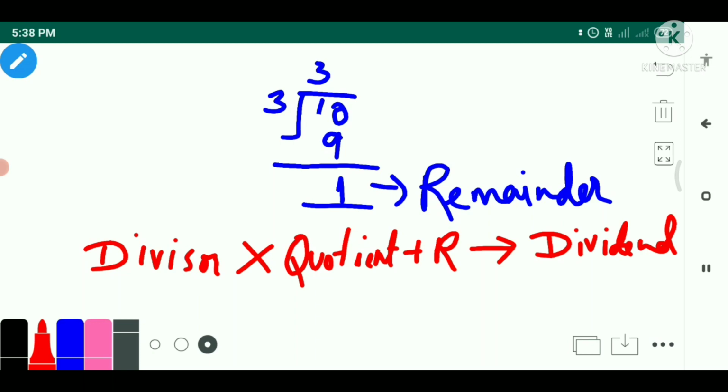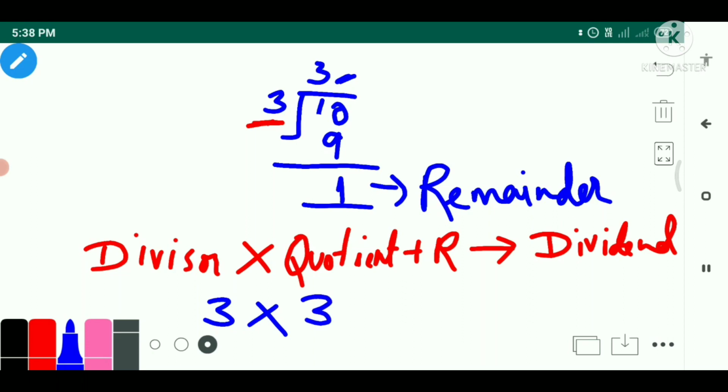So here the divisor is what? 3. So we'll write 3 multiplied by the quotient. The quotient is what? Here, it is 3, plus the remainder. The remainder is what? 1.